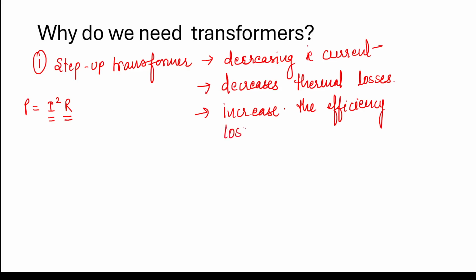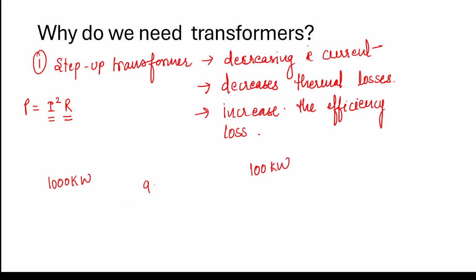Let's say you have a company designed to produce electricity, and you are creating 1000 kilowatts, and the consumer, which is hundreds of kilometers away, ends up getting only 100 kilowatts.